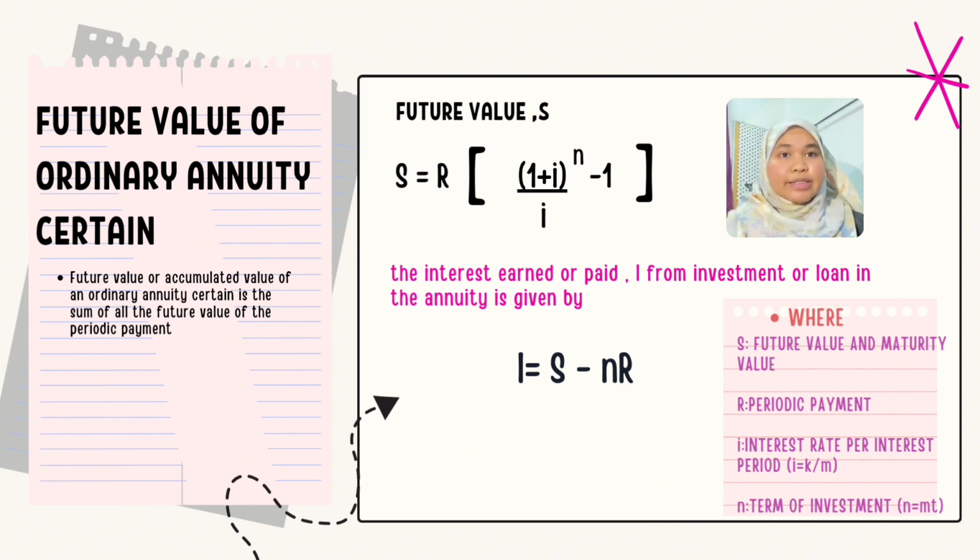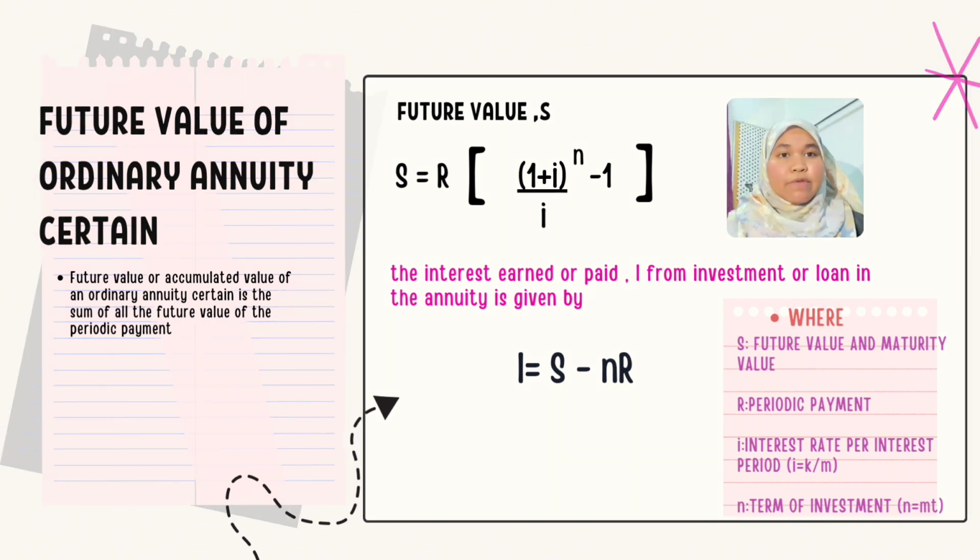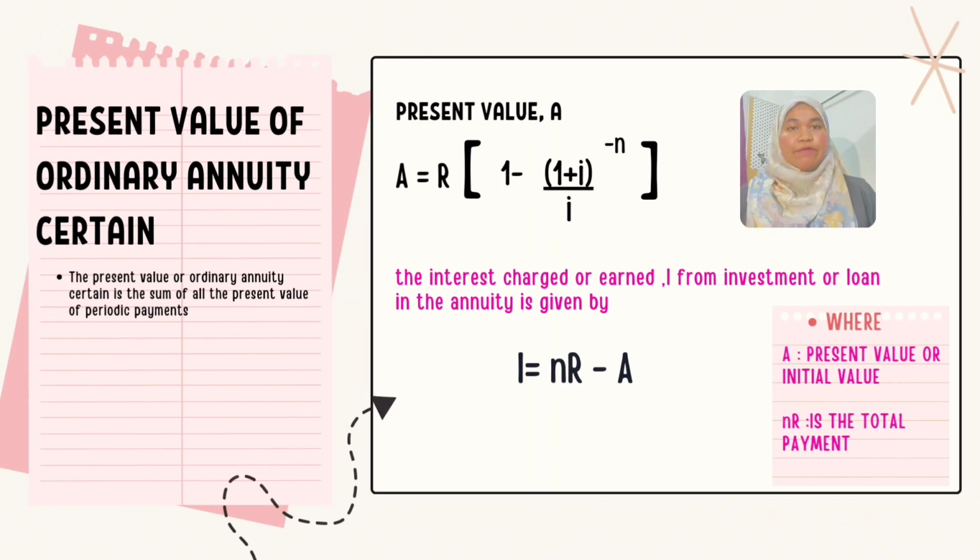Formula for the interest earned or paid, I equal S minus nR, where I is the interest from investment or loan in the annuity. Present value of ordinary annuity certain.